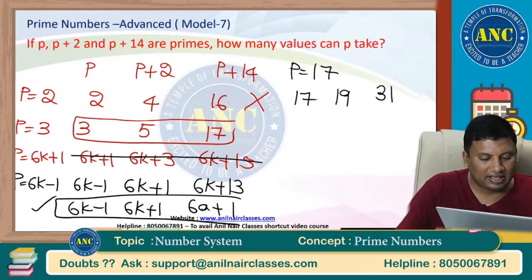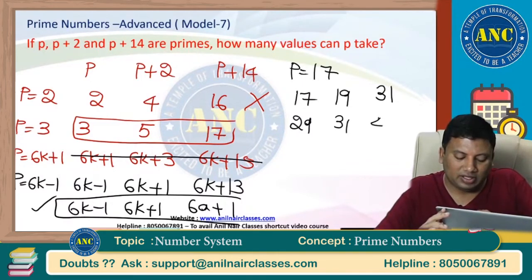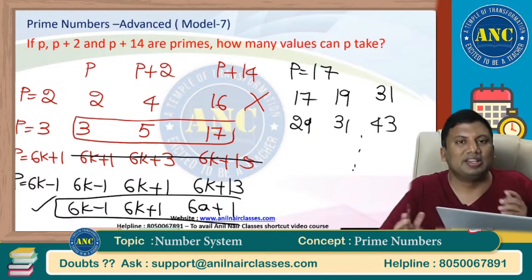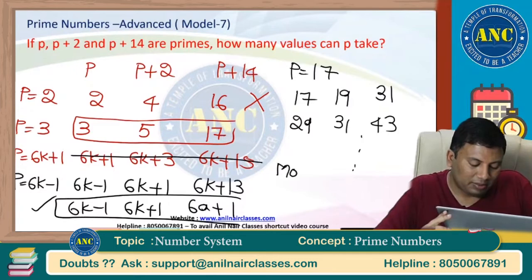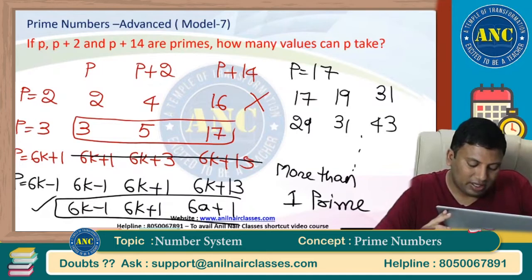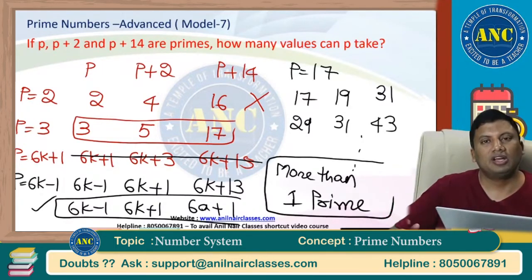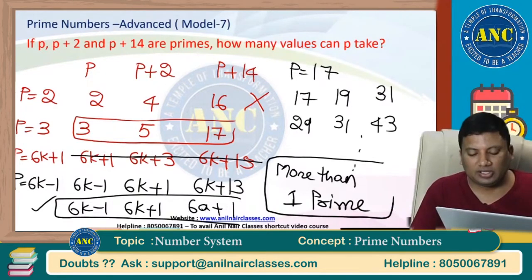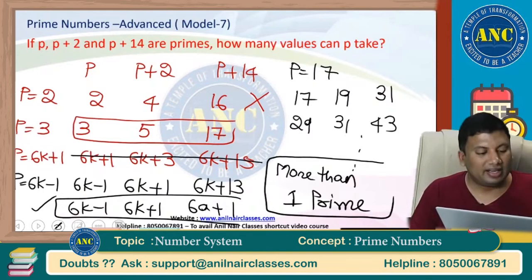Suppose I take 29, 29 plus 2 is 31, 29 plus 14 is 43. This is also another one. There exists more than one prime number which will satisfy this condition. Each and every question, kindly revise it as many times as possible so that this subtopic will be over. 6k minus 1, 6k plus 1 and 6a plus 1. I hope the idea is clear.